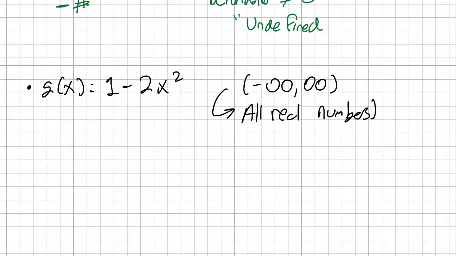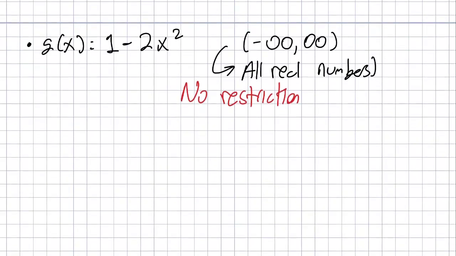This function has no restriction in terms of input. And that's where you have to be very careful when doing the homework problems, because you might be given funny looking functions, but the only thing you have to look for is whether it has any restrictions: it's not a radical and it's not a rational either.